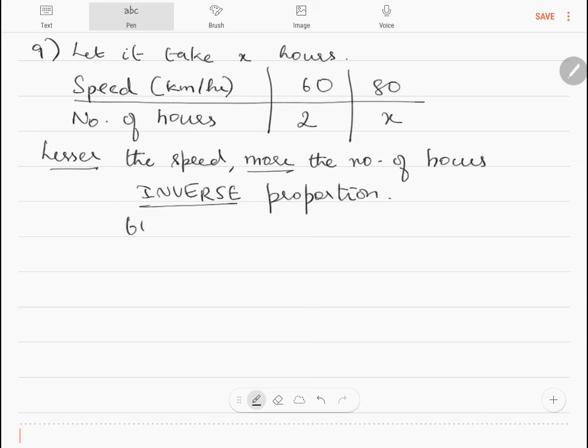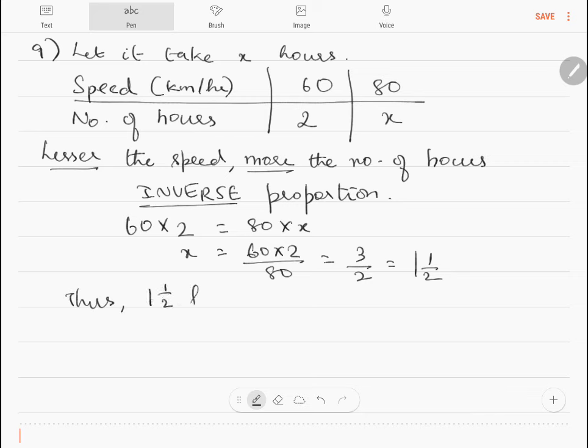We can have 60 into 2, which is equal to 80 into X. X equal to 60 into 2 by 80, which is equal to 3 by 2, which is equal to 1 by 2. Thus 1 by 2 hours would be taken.